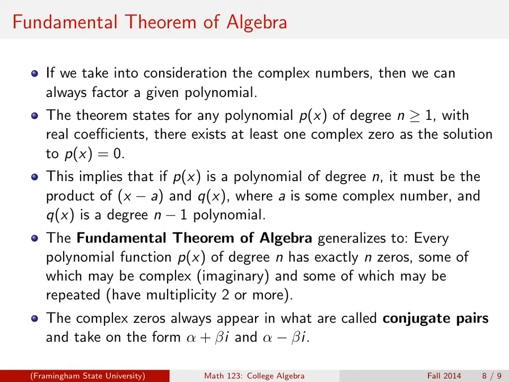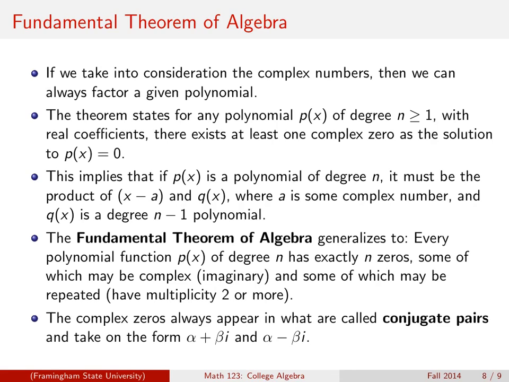If we start to think about imaginary or complex solutions, well, the fundamental theorem of algebra says if you have a polynomial of degree n, like let's say n was 7, you're going to have exactly 7 zeros when you break down this 7th degree polynomial. Now, you have to keep in mind, we can allow for some imaginary or complex zeros in there, and then we can allow for some real zeros to be in there.